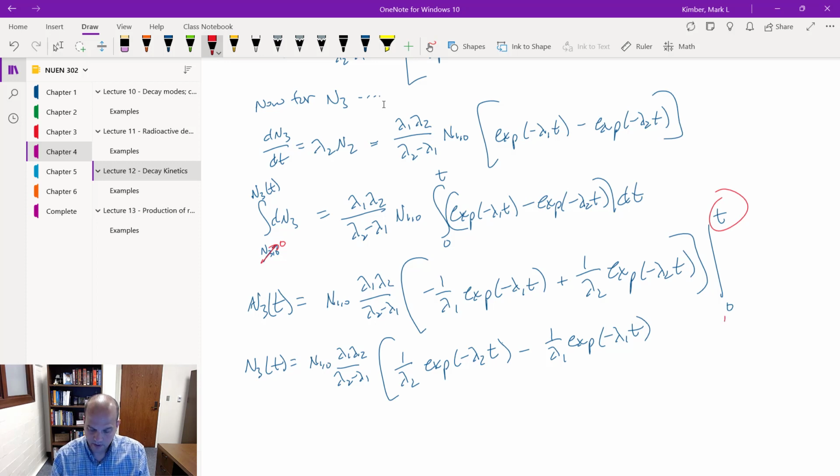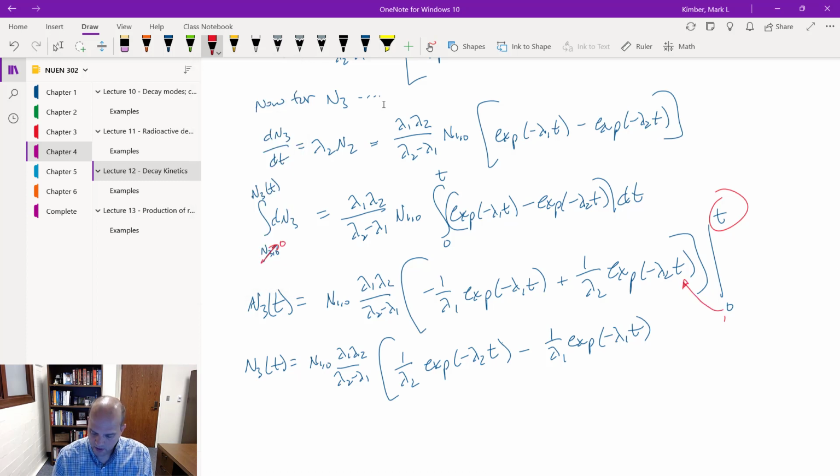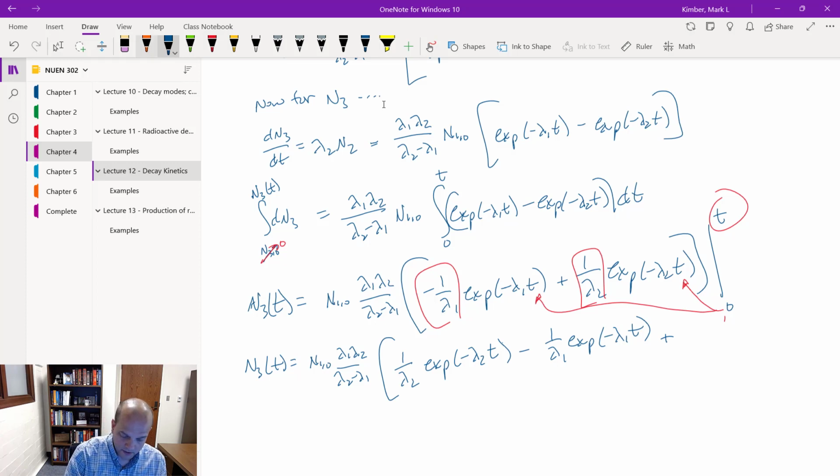When I substitute the 0 in here, I get a positive one, but then I've got to multiply it by 1 over lambda 2 and negative 1 over lambda 1. And so this ends up being plus, now I've got to subtract the lower bound, so the signs change, so I've got 1 over lambda 2 plus 1 over lambda 1.